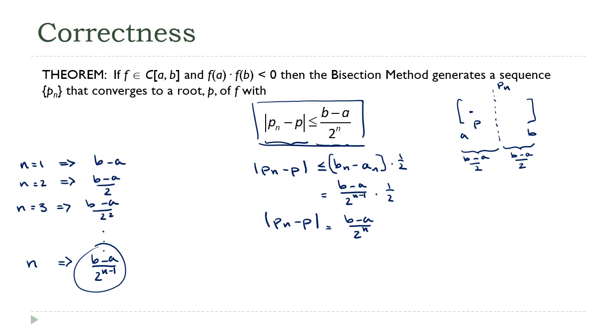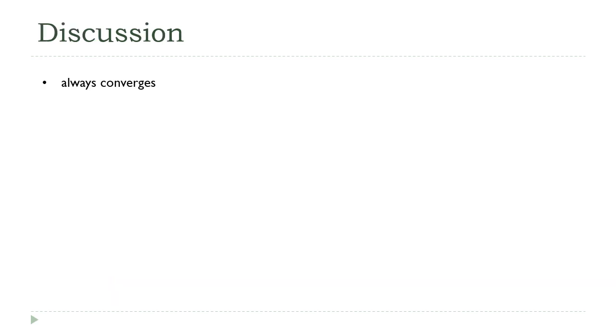As n goes to infinity, excuse me, that should be an inequality at that point, as n goes to infinity, this side goes to 0, which means that the sequence defined by p sub n is converging, and that's what we needed to show.